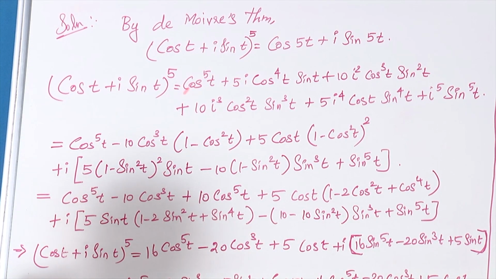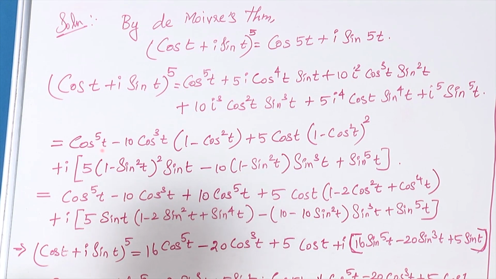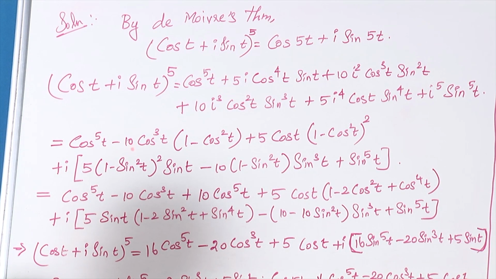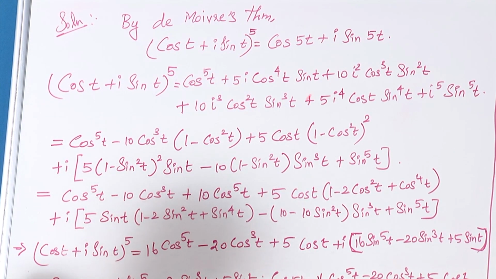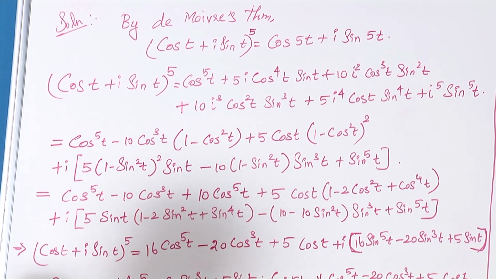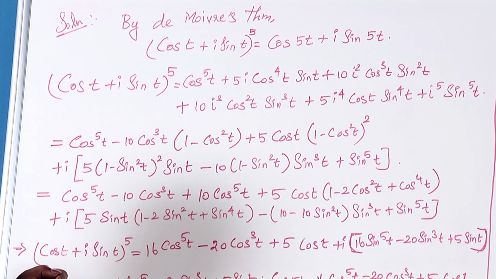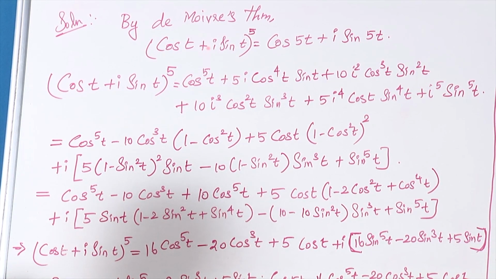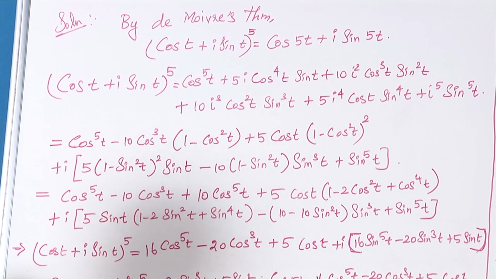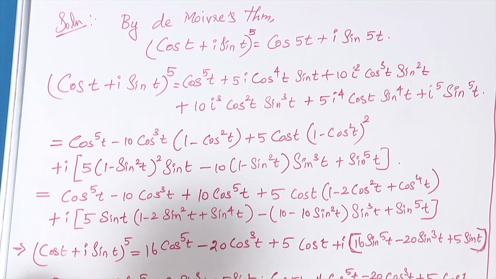Further, I do cos 5t minus 10 cos cube t times 1 minus cos square t and plus 5 cos t. So, what I have done is I am just taking all the real terms and grouping them together. So, I have taken cos 5t and put it here, and then I have 10 cos cube t sin square t.